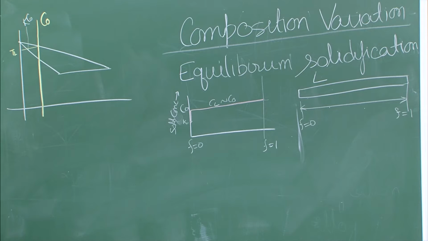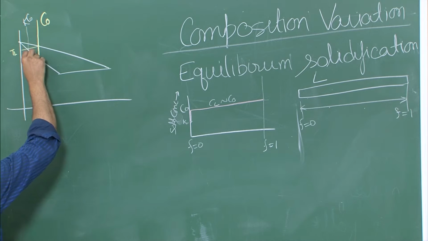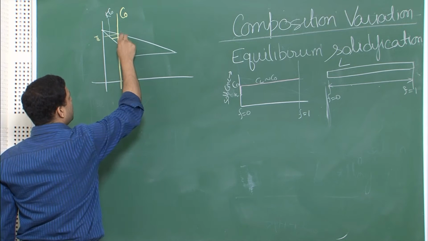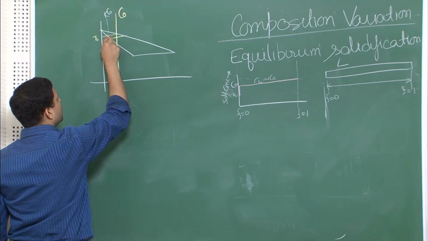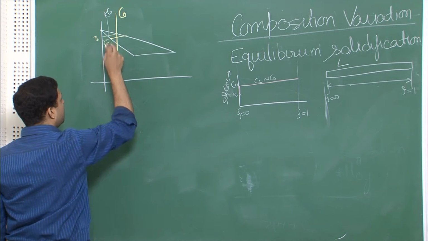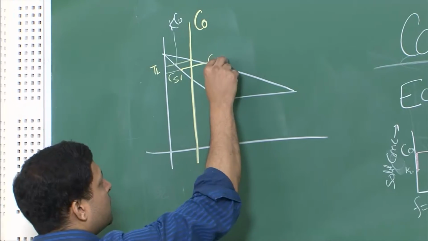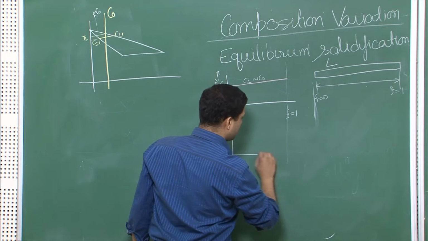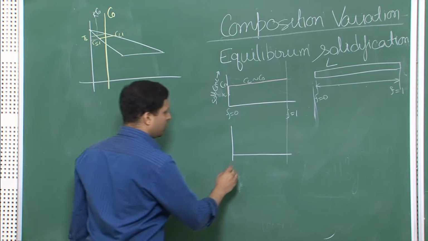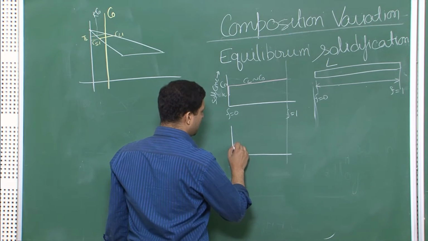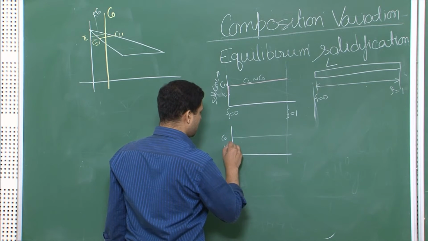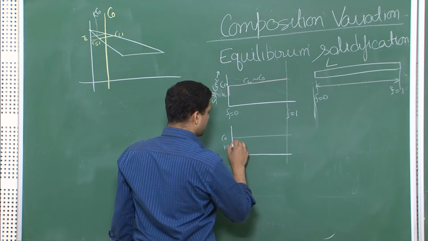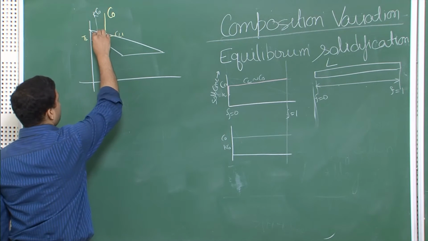Now, let us decrease the temperature a little bit. So, we are at this temperature. At this temperature, let us say this is our composition, which we said earlier, let us say this is CS1, this is Cl1. So, we will keep the axis similar to earlier, and now over here this was your C naught, this was your Kc naught, and somewhere in between C naught and Kc naught, you see this is the CS1.